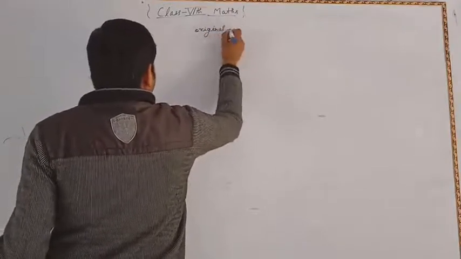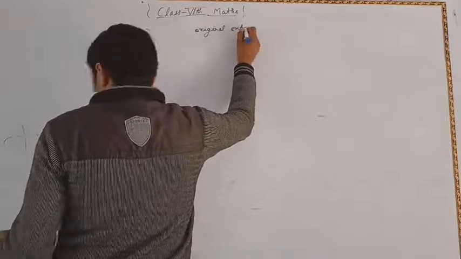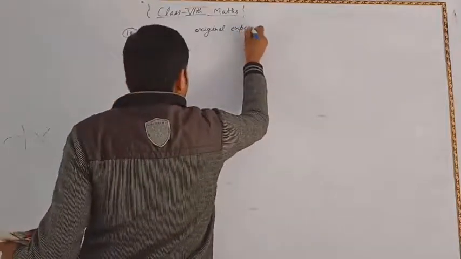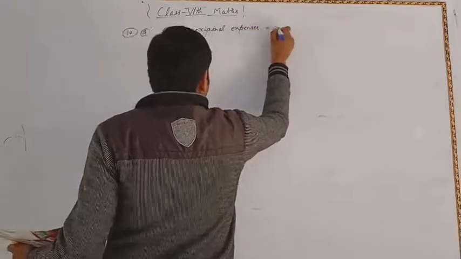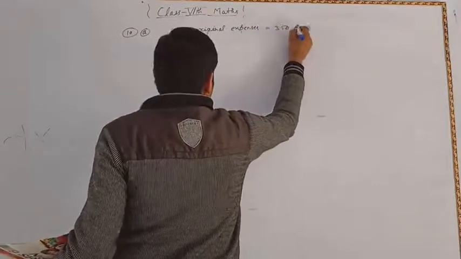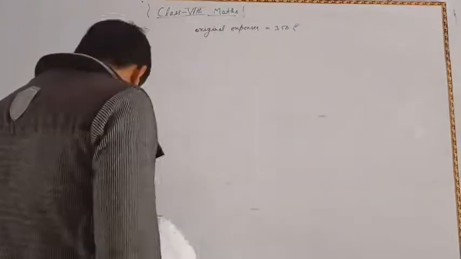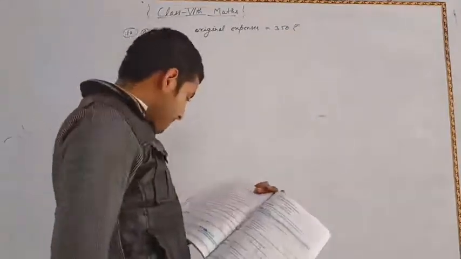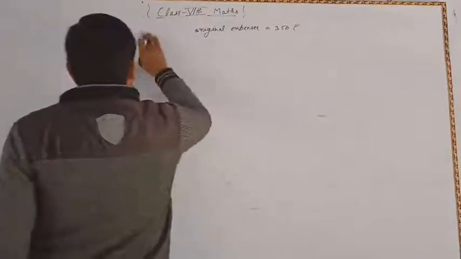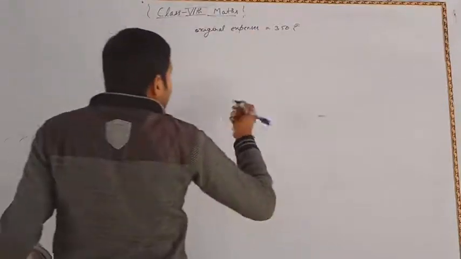Original expenses is equal to 350 rupees. Okay, again it is given that it increased to 500.